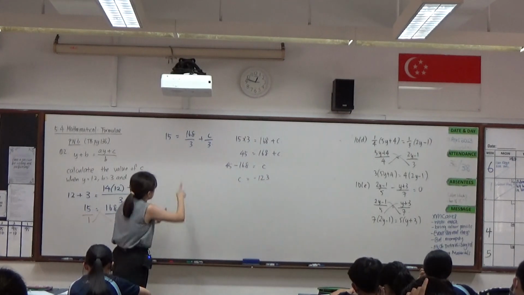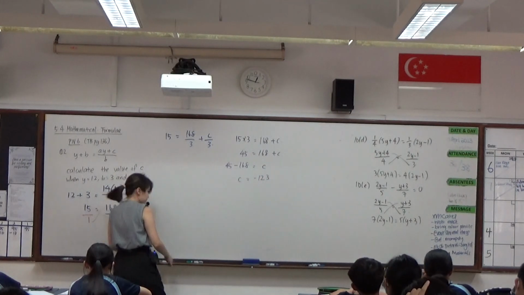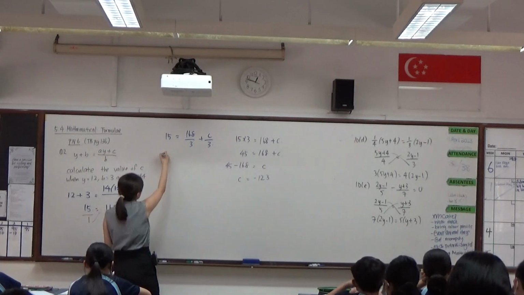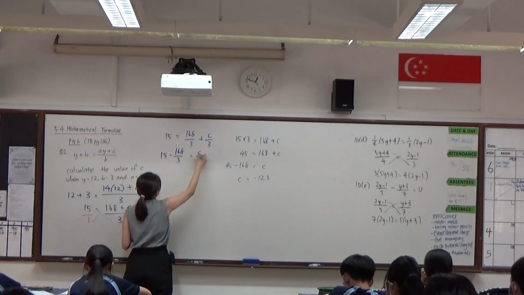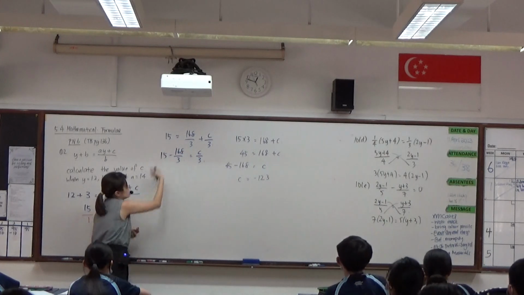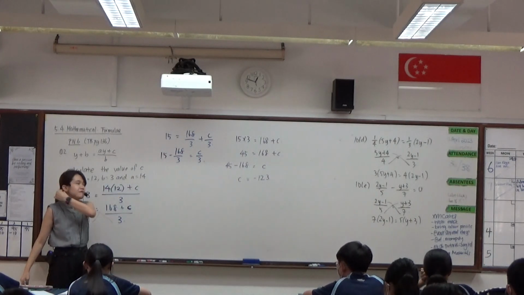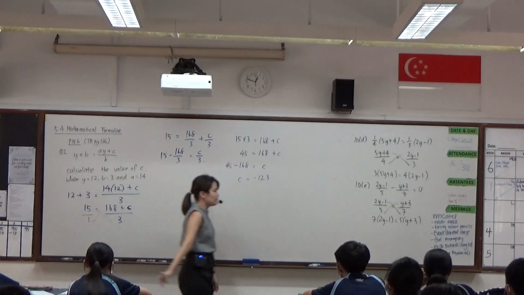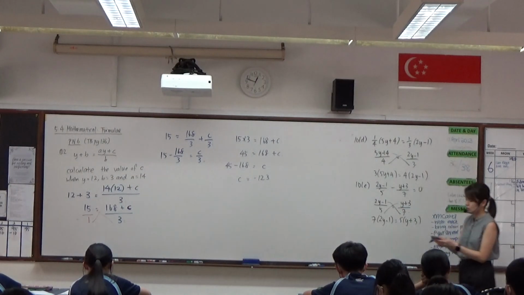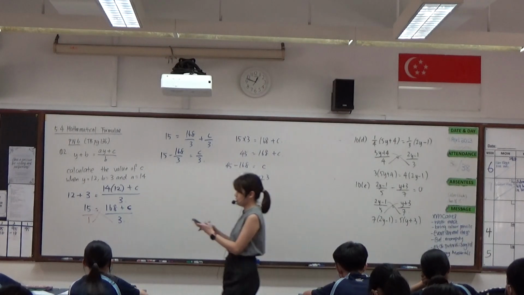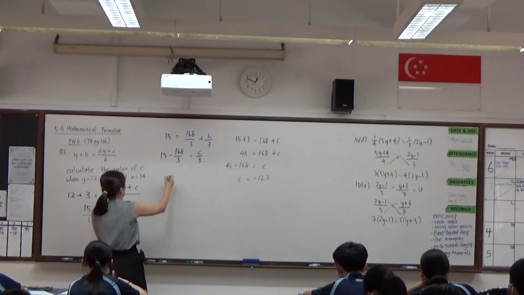If I had done it based on what Xavier has, which is not wrong, I will have (15 minus 168) over 3 equals c over 3. I have to deal with a fraction over here, not easy for me to mentally calculate. I will need to press into the calculator, and I will get negative 41.